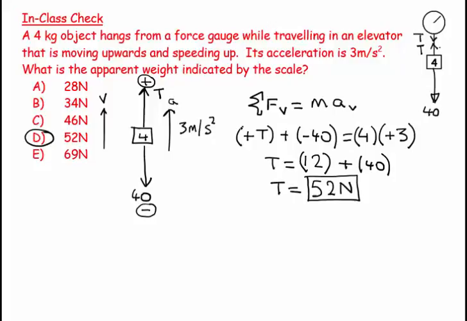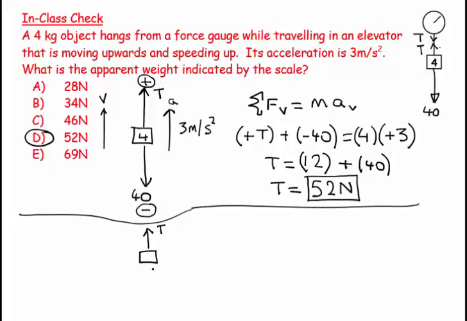I'd like to extend this just a little bit and say, what would have happened if the measurement had been taken while the object was moving upwards and slowing down? Well, in that case, I'm going to truncate my diagram a bit. We would still have a T upwards, and we'd still have 40 downwards, because the weight is the weight.